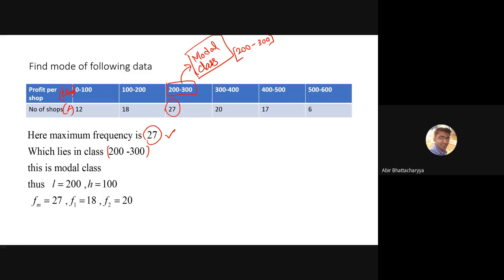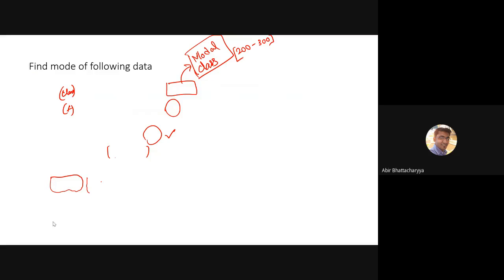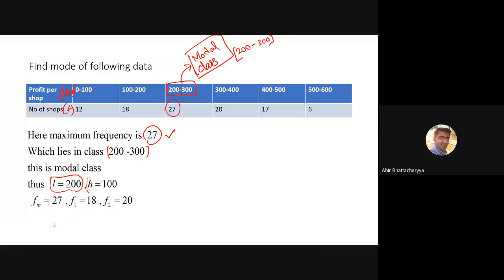Now, what is your L? L means the lower limit of the modal class. The lower limit of the modal class is 200, so L equals 200. The upper limit of the modal class is 300. Sorry, h is not the upper limit; h is the width of the modal class.